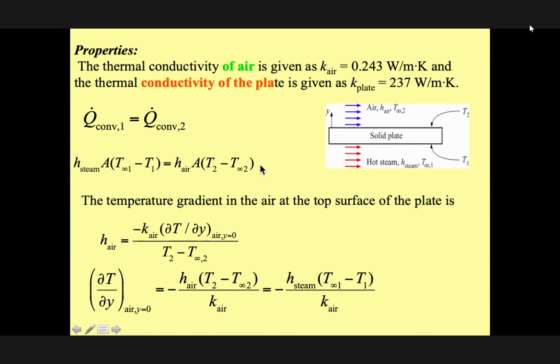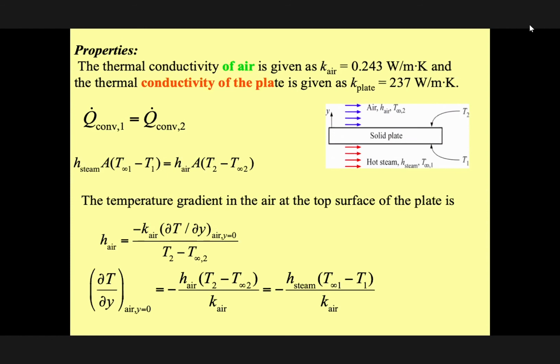By equating these equations, I can calculate the h of air. And h of air is explained right here. And this is the temperature profile that I have here. Therefore, if somehow I can calculate this value, I can easily calculate this one because this is unknown. Please continue trying to do the rest to see if my solution can help you.